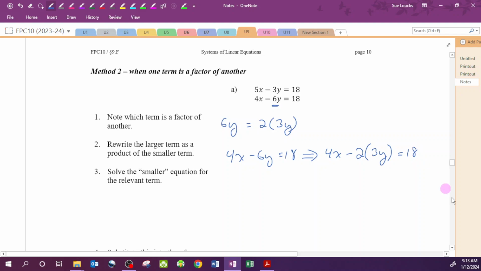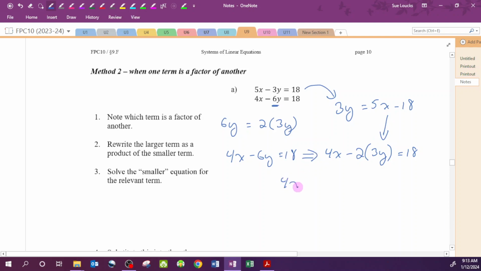Then I'm going to take my equation that has the 3y and solve that for 3y. That gives me 3y equals 5x minus 18. And then I'm going to substitute the 5x minus 18 for the 3y in my other equation.